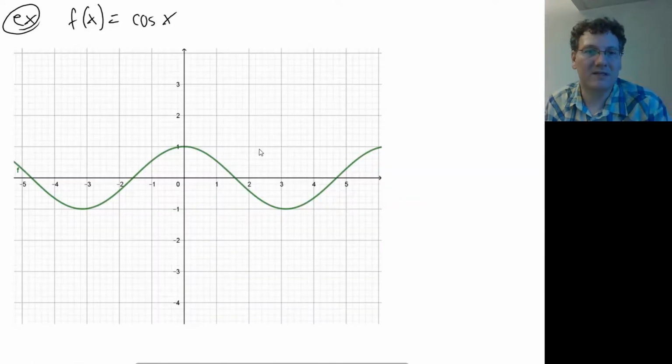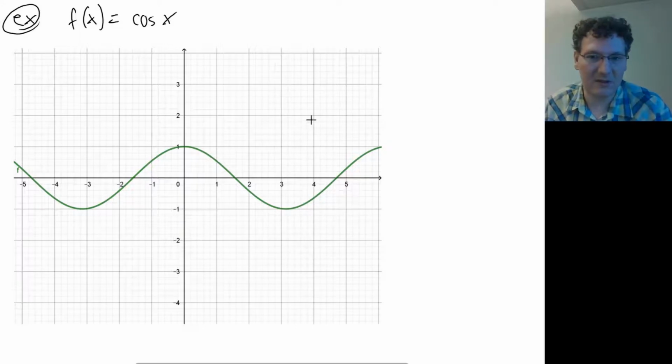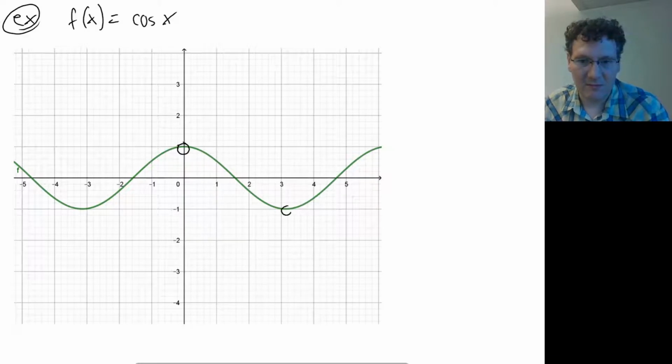Okay, so first example, take the function f of x is the cosine of x. Just looking at the graph, you can see that we do have these minimums and maximums occurring, right?